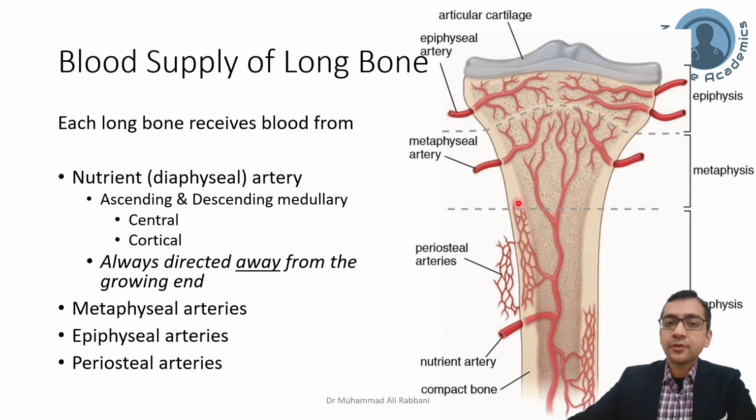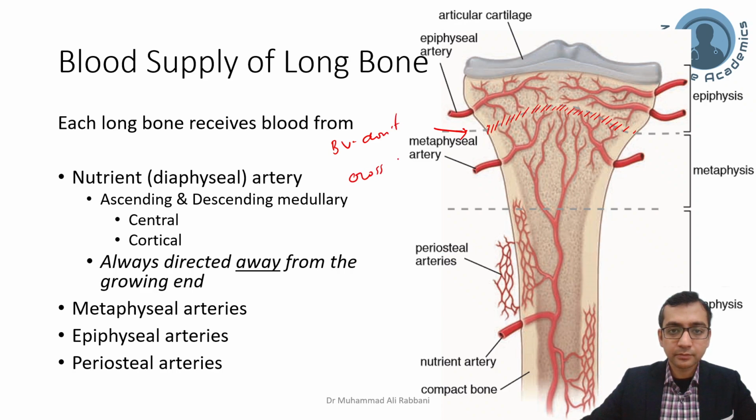One very important thing that you must remember about the blood supply of the bone is that as long as the epiphyseal cartilage is present, like in this picture, which means in a younger person, blood vessels don't cross it. It is a very interesting phenomenon.